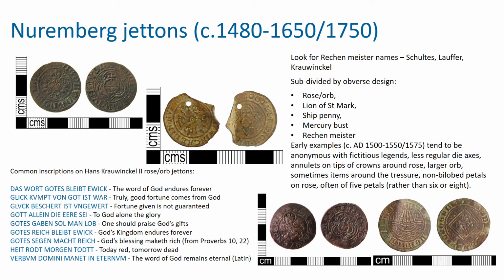The last of the big four are the Nuremberg Jettons. Although Nuremberg dominated later Jetton production, its rapid rise came only in the last few decades of the 15th century, at the very end of the medieval period. The earliest Jettons attributable to Nuremberg fall into 2 groups. The first are broadly 15th century in date.